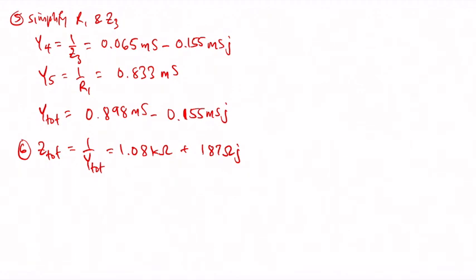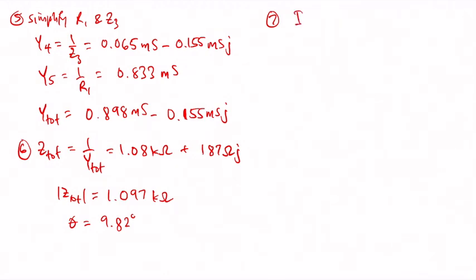The absolute value of Z total is equal to 1.097 kilo ohms, and its phase angle is equal to 9.82 degrees. Just for completion, let's solve for the current.